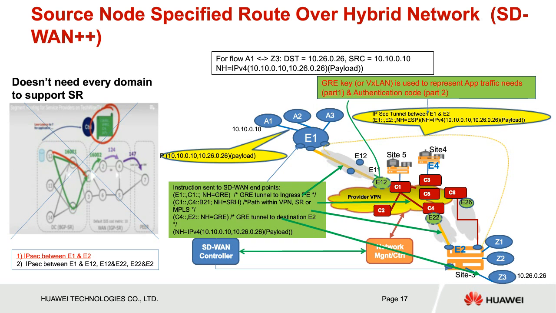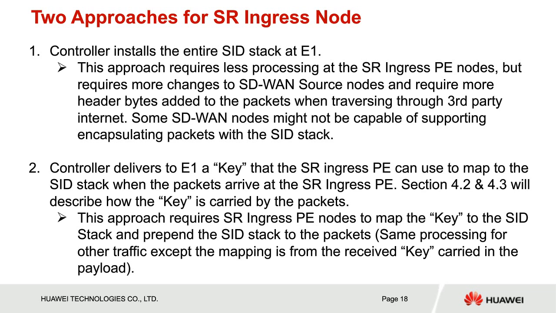Okay, so there are two details on how to achieve that. Basically here we list the two approaches. Actually, more details are described in the IETF draft. The ingress node can push down the entire segment routing set from the source node, and then the provider edge uses those segment routing binding SIDs to forward accordingly.